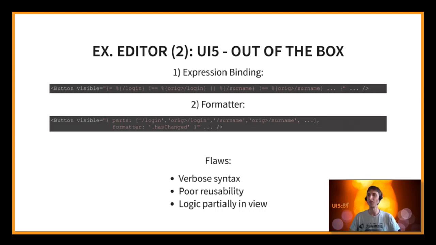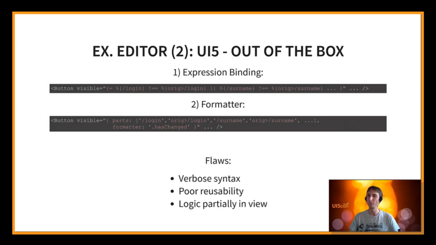With a formatter, you have a little better reusability, because you can have a function in the controller that you can reuse, but you still have to write down all the bindings, all the parameters for the function in every place where you need it. So the syntax is a little bit verbose. It's not very reusable, and you have to write the logic in the view. That's not ideal.